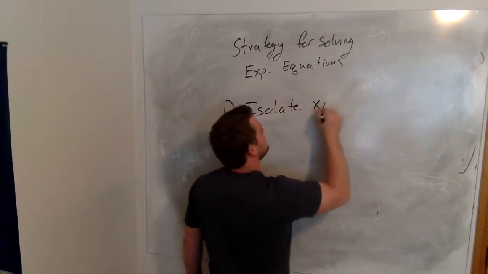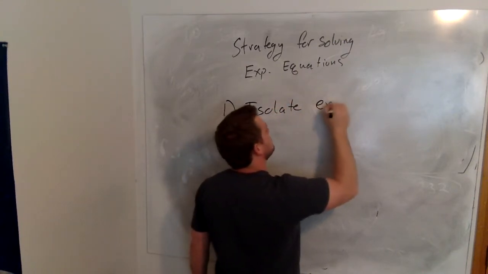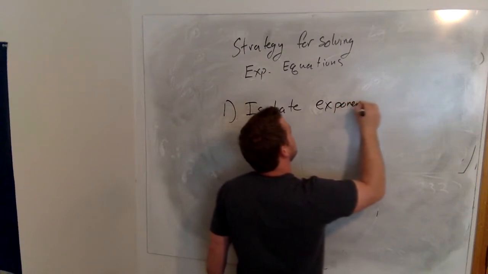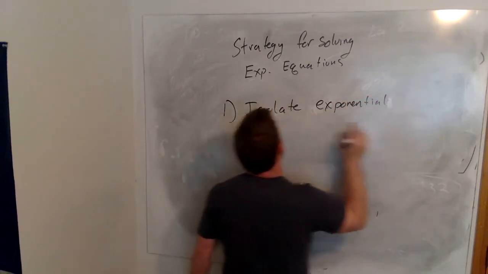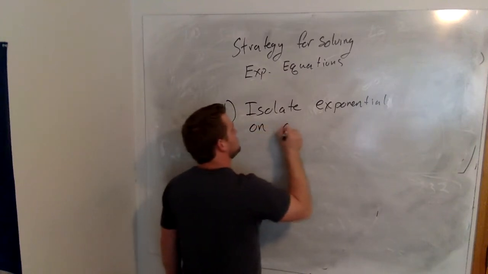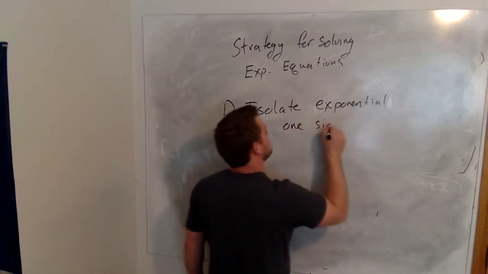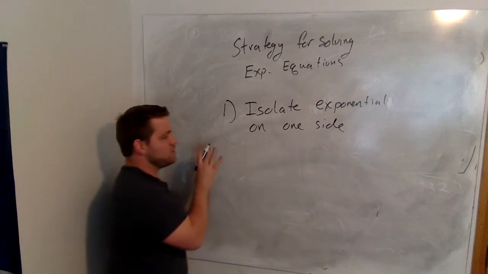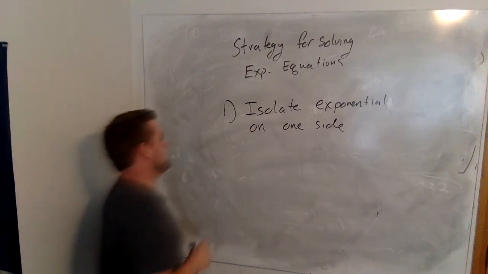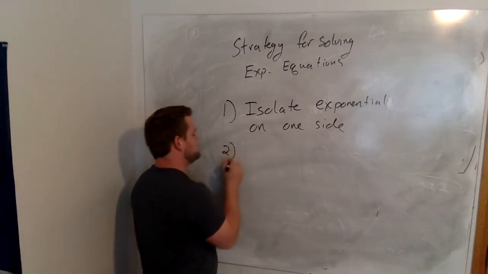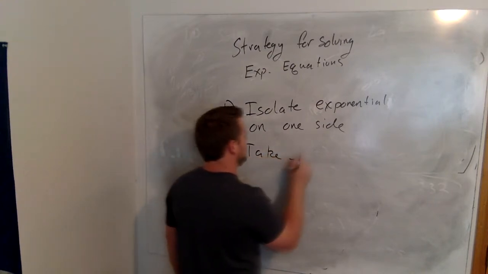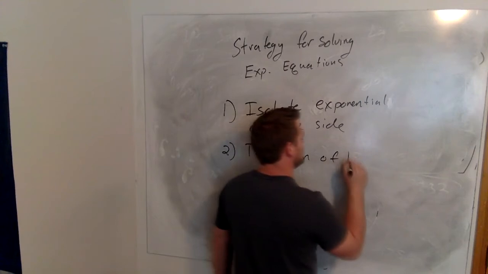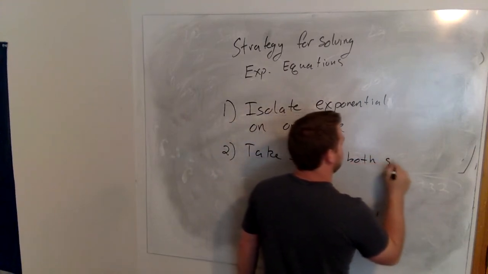Isolate exponential on one side. So at least on one side of the equation, you need to have an exponential isolated. Second, you're going to take the natural log of both sides.